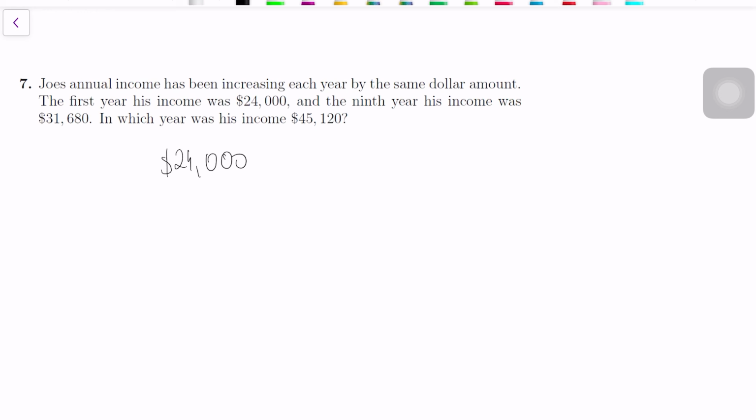So that's the first year. The next term, I don't know what it is, but I know the 9th one, the 9th year, is 31,680. So this is the first term of the arithmetic sequence, and this is the 9th term.